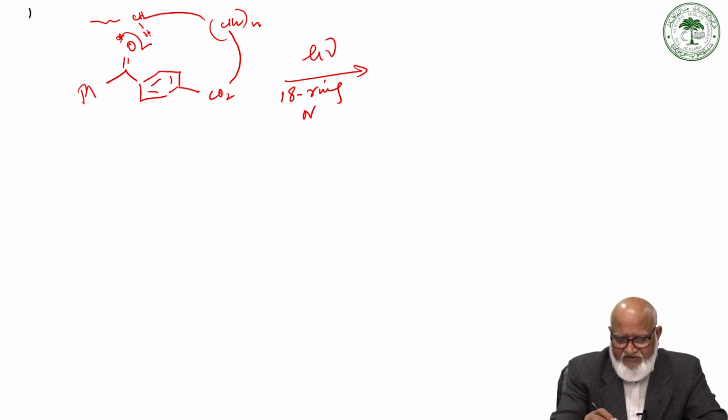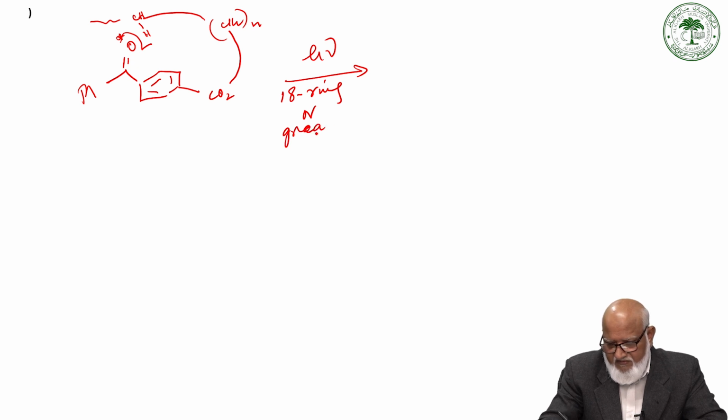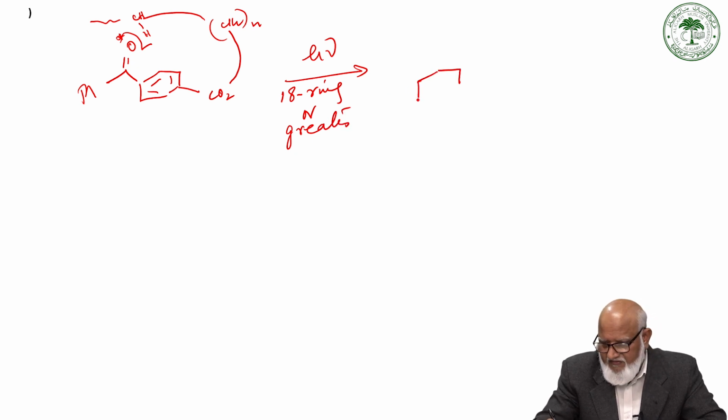It is going to generate a diradical species. So we get a transition state like this. So abstraction 1, 2, 3, 4.